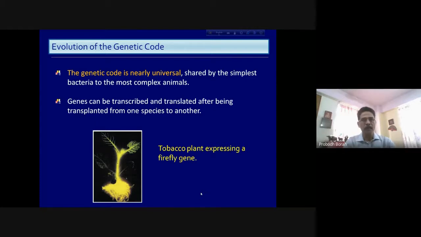As we know, fireflies flourish during night. The gene responsible for fluorescence in the firefly was detected, and when the gene sequence extracted from the firefly was introduced and expressed in a tobacco plant, the tobacco plant also started glowing at night. This is one unique example of the transferability of genes across species because of the universal nature of the genetic code.